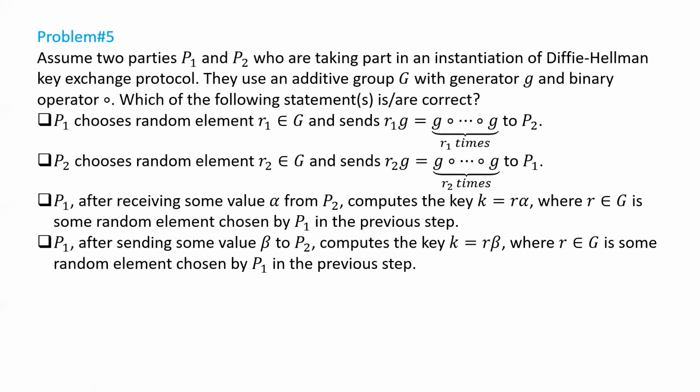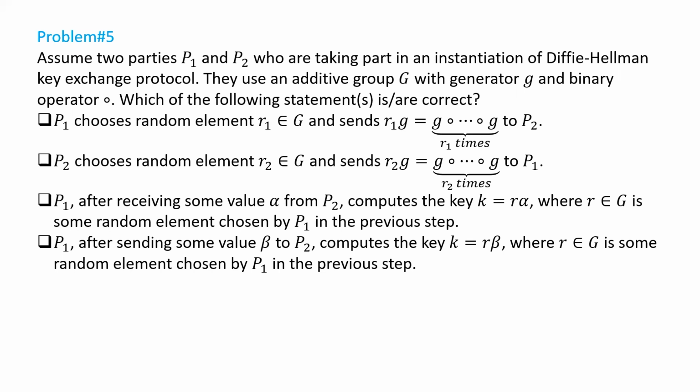Next problem. Assume two parties, P1 and P2, who are taking part in an instantiation of the Diffie-Hellman key exchange protocol. They use an additive group G with generator small g and binary operator small circle. Which of the following statements is or are correct?